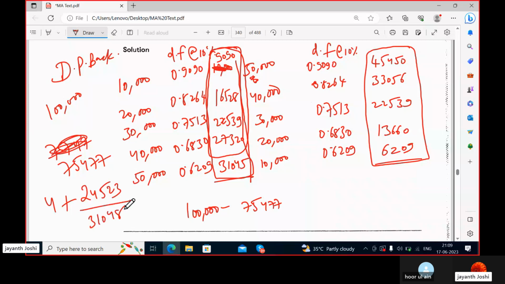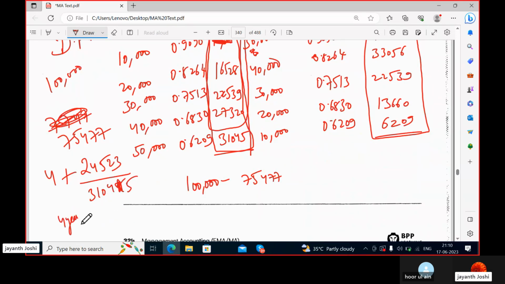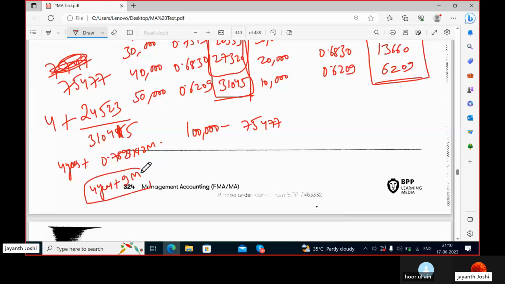So how much time will it take? It's going to take 0.7899. So 4 years plus 0.7899 into 12 months, so 9.47. That means 4 years plus 9 months is going to be needed to recover your $100,000.